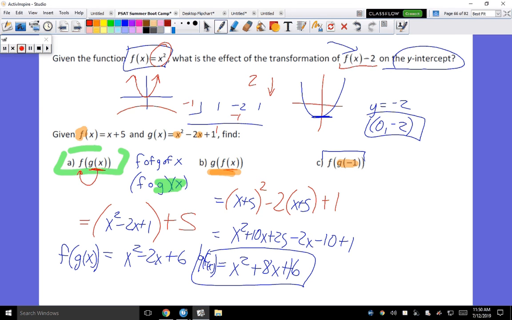So copy, multiply, add, I should get a 4. Okay? So the answer to this is 4. What am I going to do with this 4? I'm now going to plug it into F. And what's my final answer? 9. So F of G of negative 1 is 9. Any questions?